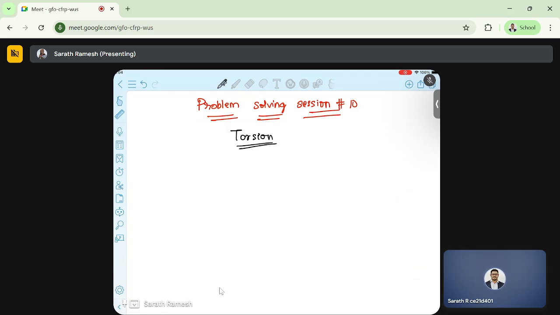And now this is the third class of problems, where we see how to solve members that are subjected to torsion deformation, say moment about its own longitudinal axis. Suppose if this is axis x, moment about x we call twisting moment or torsional moment. So this will cause a rotation, a twist, in the members, right?